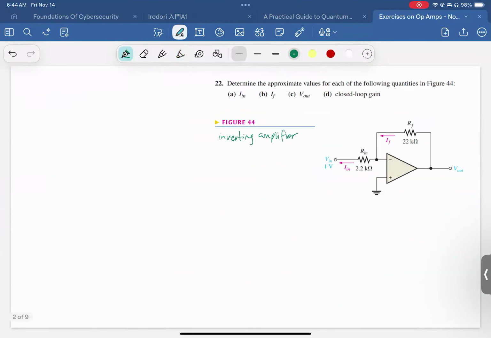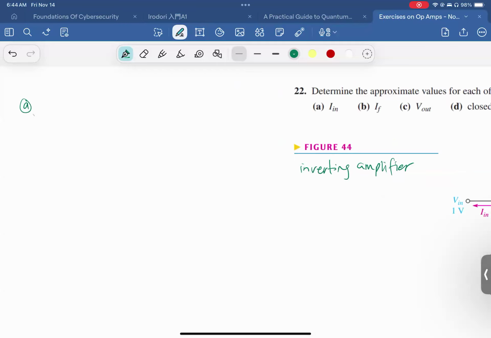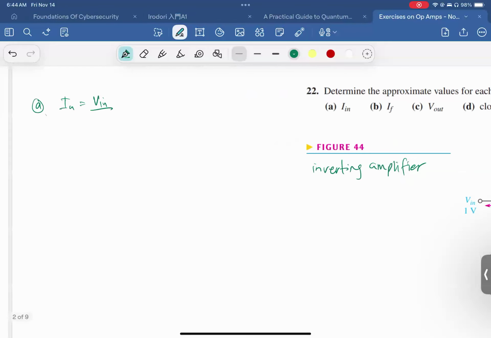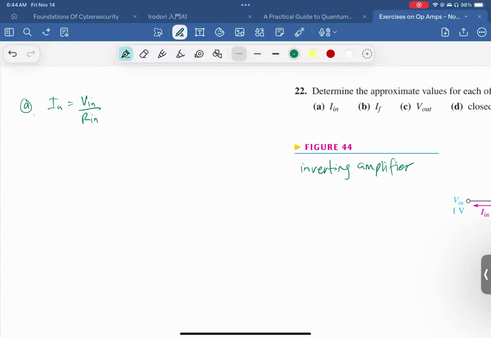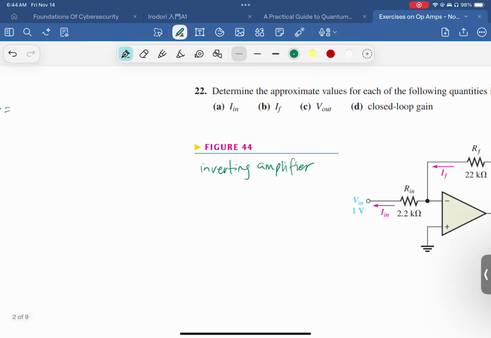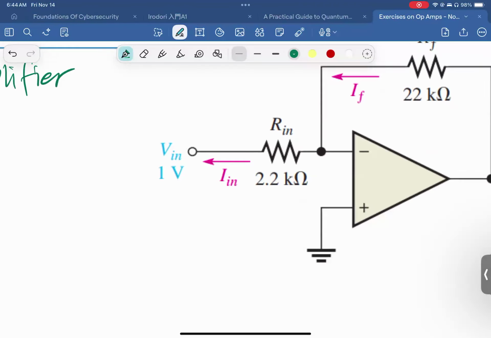So, letter A, ano yung input na current? Yung input na current is simply given by the input voltage divided by the input resistance. Ang input voltage is 1 volt, diba?